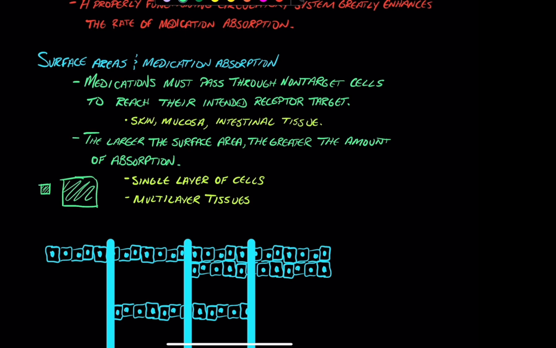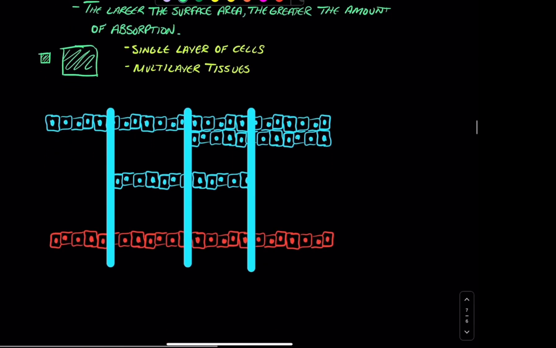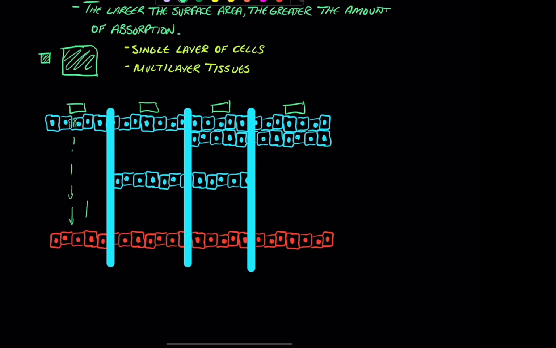You also have to take into account single layer and multi-layer tissues, which I've drawn in a quick little drawing here. Say we have medication sitting up here, the same amount. It takes a certain amount of time to diffuse through these cells here, but then it can free flow down and have a direct effect on these tissues pretty quickly.